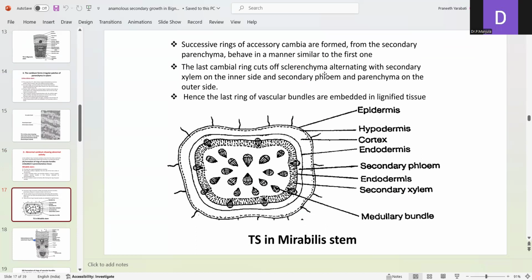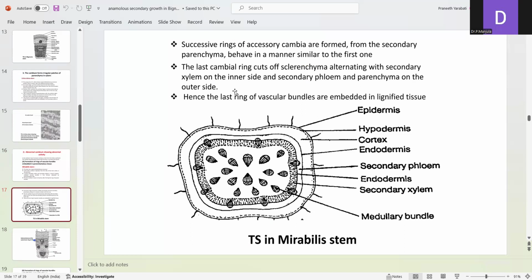The last cambial ring cuts off the sclerenchyma alternating with the secondary xylem on the inner side, and secondary phloem and parenchyma on the outside. So here the last cambial ring produces sclerenchyma and secondary xylem on the inner side and secondary phloem and parenchyma on the outer side.